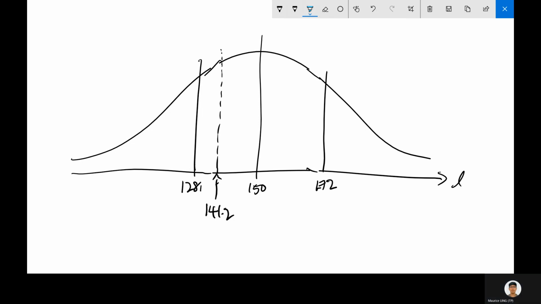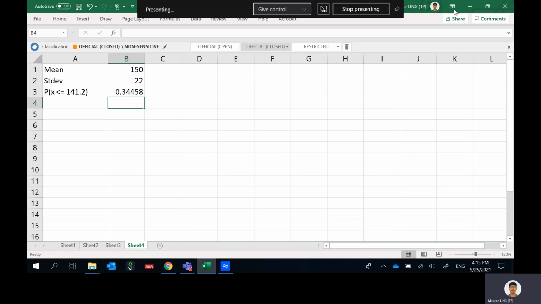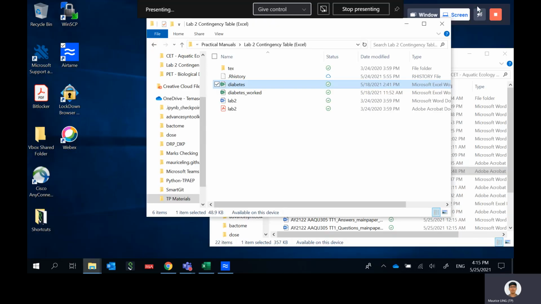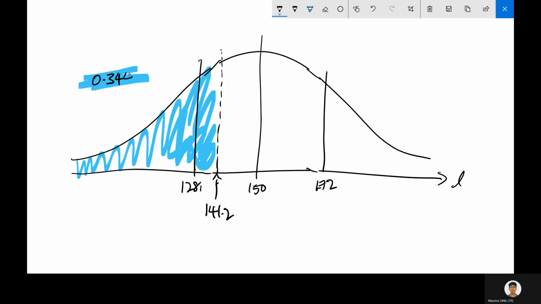The area under the blue color is about 0.34, about 0.3446. So that's the area.